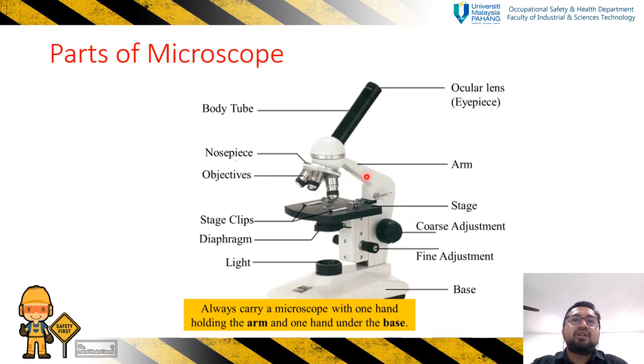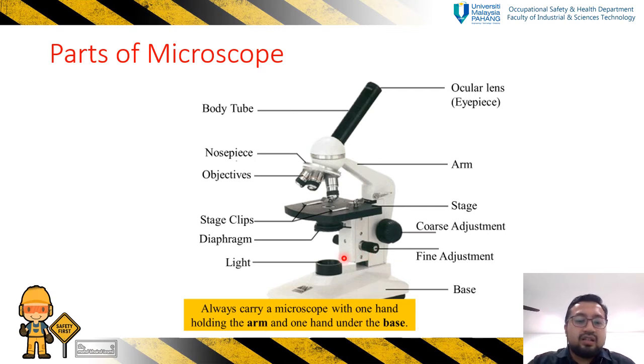Then the arm, and the stage clips to hold the specimen. The stage is where we put the specimen. The coarse adjustment is for rough adjustment, and then we go to the fine adjustment.